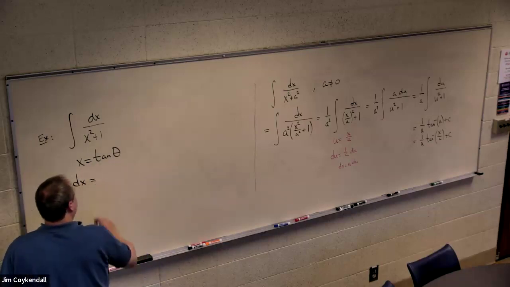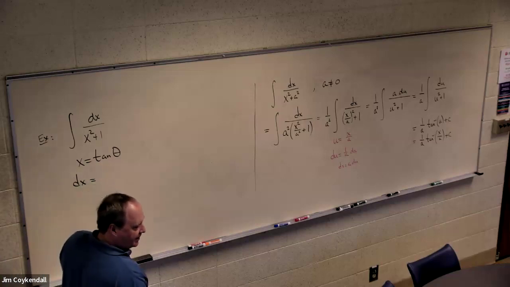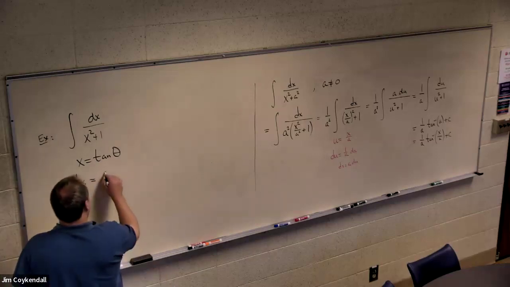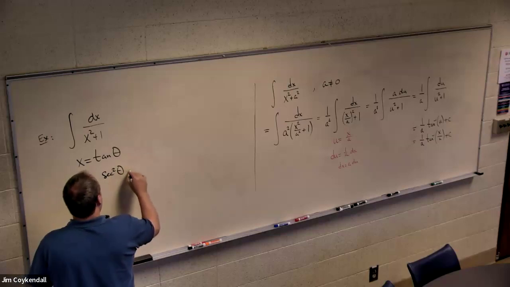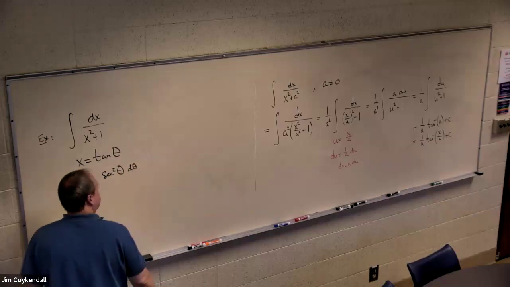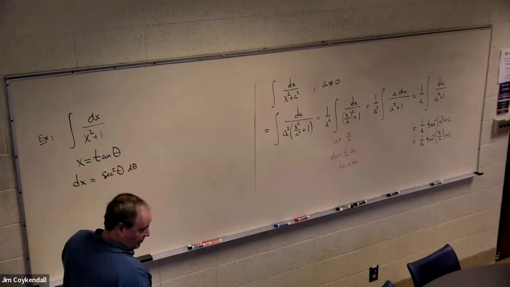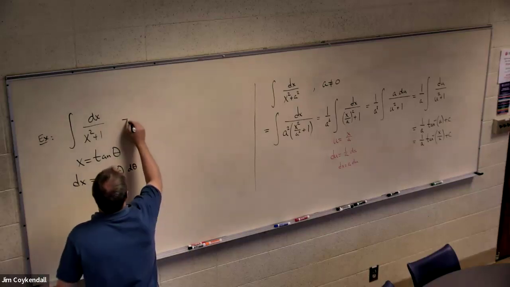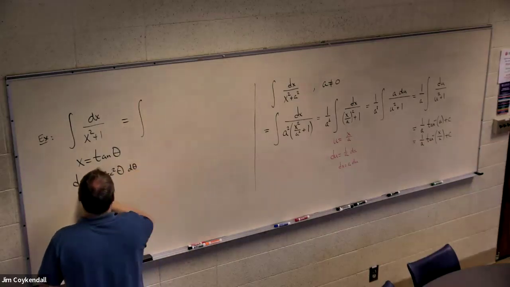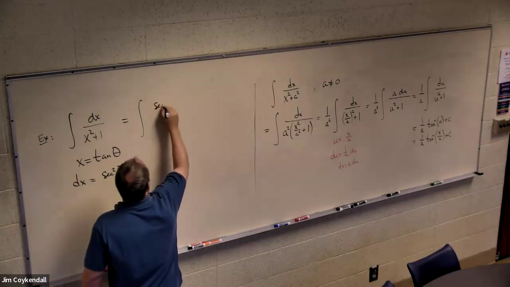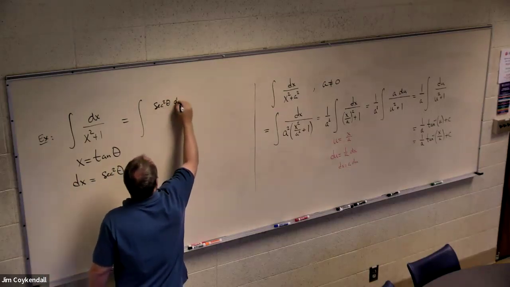What's dx? What's the derivative of tangent theta? Secant squared theta. And don't forget your d theta. So just plug in. dx is secant squared theta d theta.